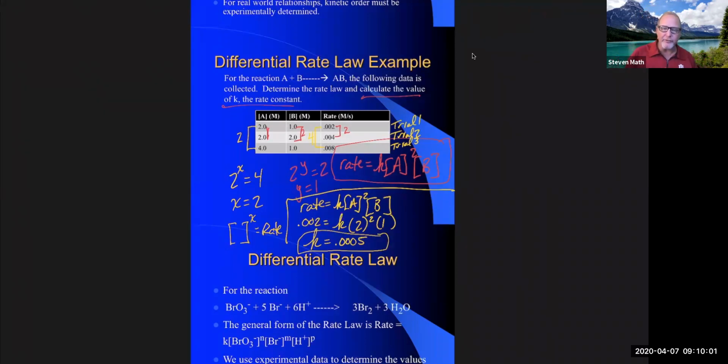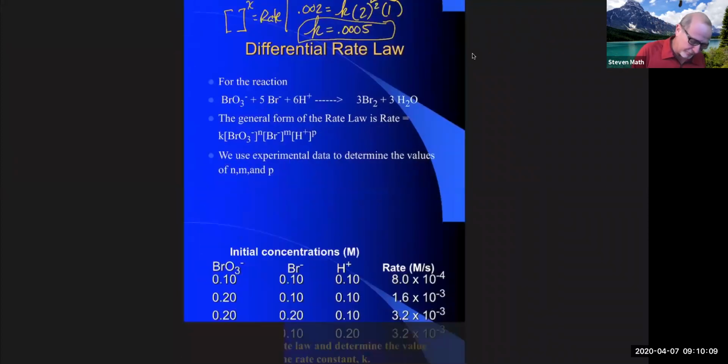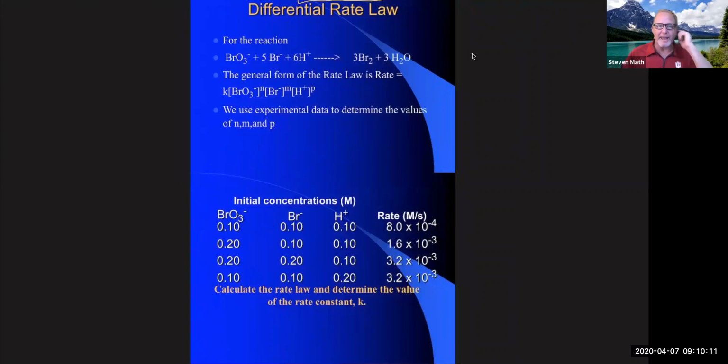So this is a differential rate law. Very simple, A's and B's. Let's do another one with a little more complicated numbers going on here. Okay, so now I have this reaction. I have a bromate ion with bromide and acid, and I'm going to make some Br2 and some H2O.